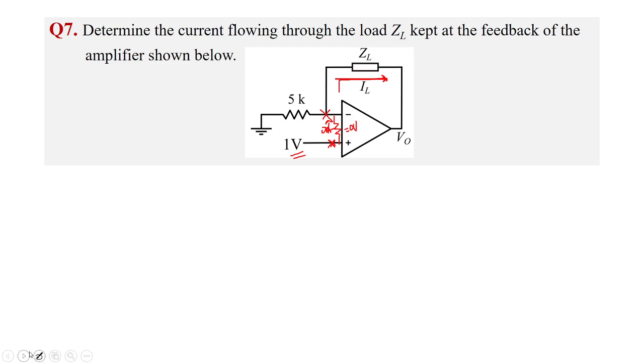This is the virtual ground concept. So here 1 volt, which means here also 1 volt. Since it's mentioned 1 volt, this polarity is plus, right? So the voltage from this node to ground is 1 volt. In which direction will the current flow? The current will flow from positive to negative polarity, right? So the current will flow in this direction.